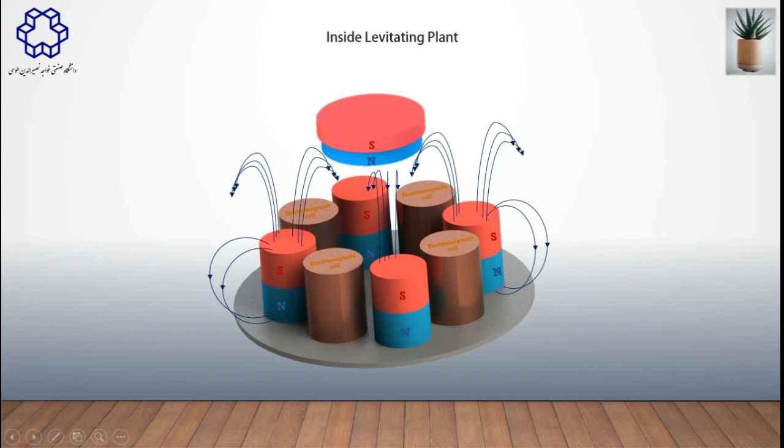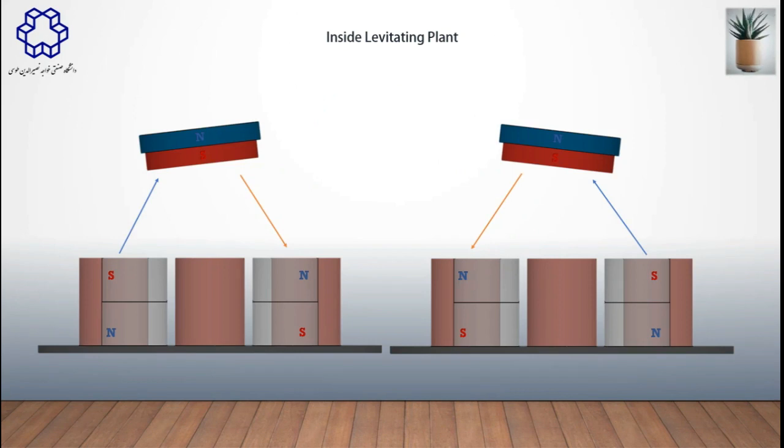And for the electromagnetic coil, for stabilizing in X and Y axis, and the Z axis will be stabilized with the permanent magnet. As you see, if the upper permanent magnet wants to tilt, the electromagnetic coil will produce a field against the upper magnet direction.